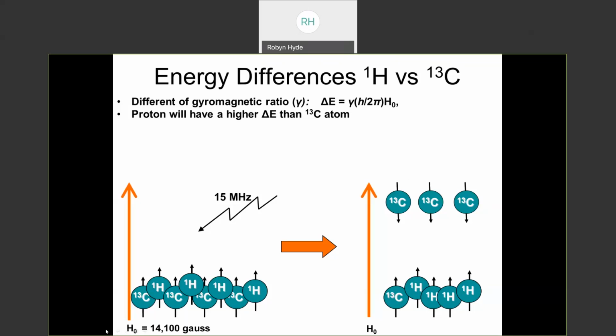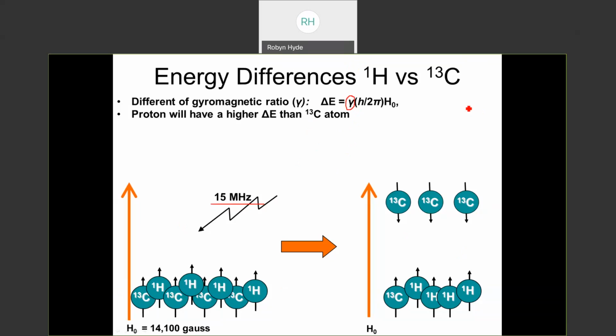So what we are able to do is choose a certain bandwidth of wavelengths and irradiate with that bandwidth. Since the gyromagnetic ratio for protons and carbon-13s is different, we will only flip the spin, we will only put into resonance, one kind of atom.